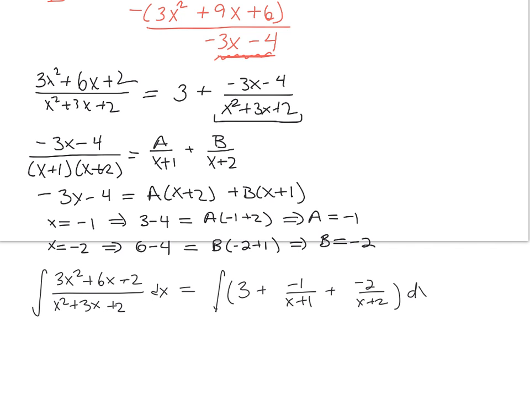And if you want to check and see that you're right, not that you have the energy or time, you could get a common denominator and add together the 3, -1 over x plus 1, -2 over x plus 2.